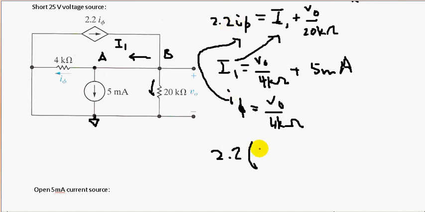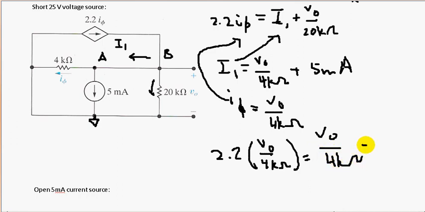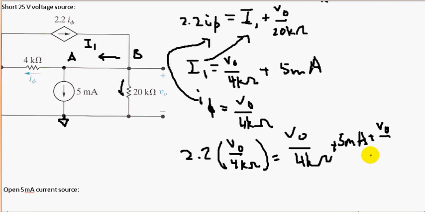I sigma in V times VO over 4 kiloohms is equal to I1 to substitute, so VO over 4 kiloohms plus 5 milliamps plus VO over 20 kiloohms.